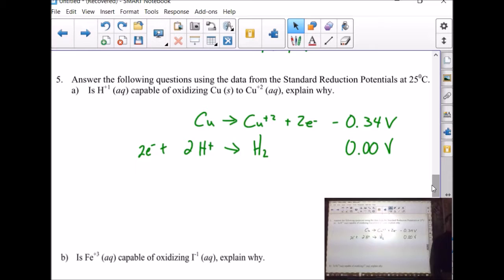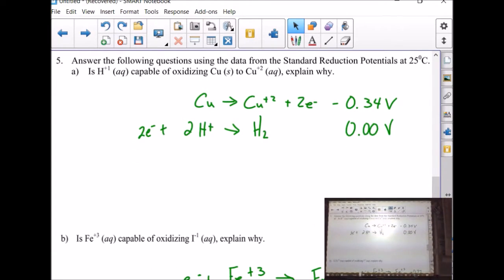But yes, I could get this to go. On its own, without me doing anything, it will not go. The question's misleading. It's assuming that we're still in galvanic, that you don't know about electrolysis yet. Don't think about electrolysis. Forget you heard that word. I hope that you learn that word sometime soon.